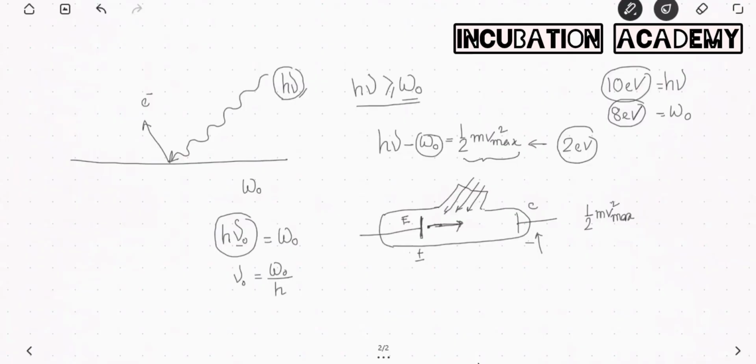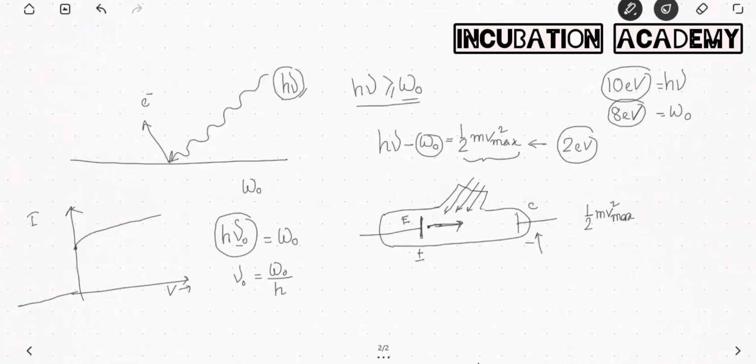You will see the photoelectric current. If I draw here, this is the current and this is the voltage, the voltage applied between the emitter and the collector. Firstly, when the voltage is 0, it is here. If you increase the voltage, the photoelectric current increases this way.